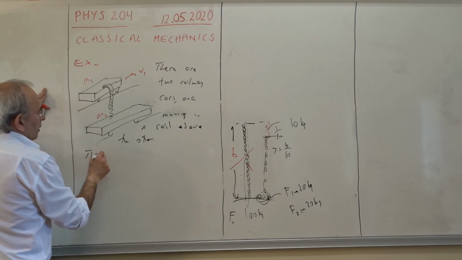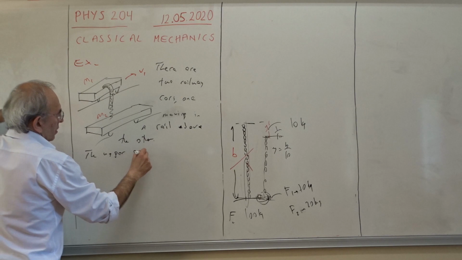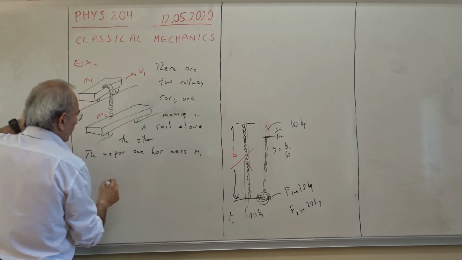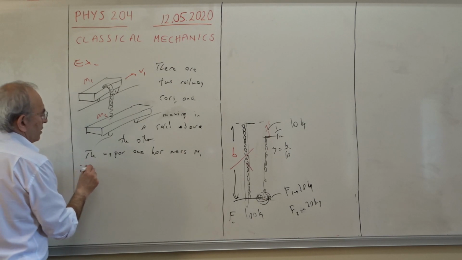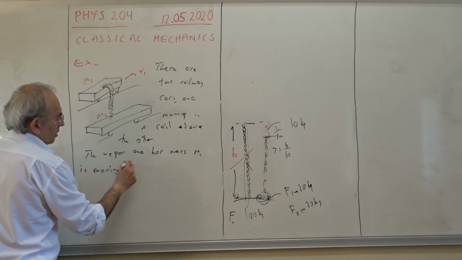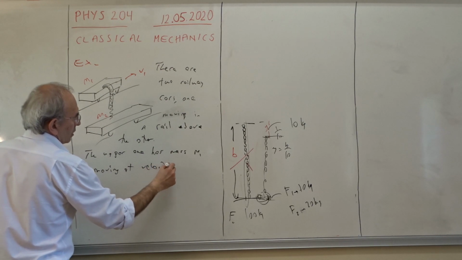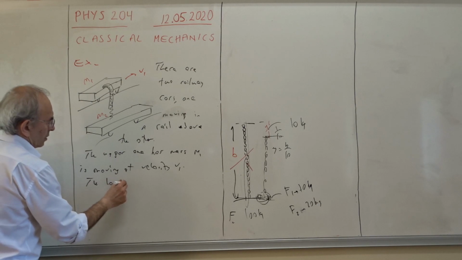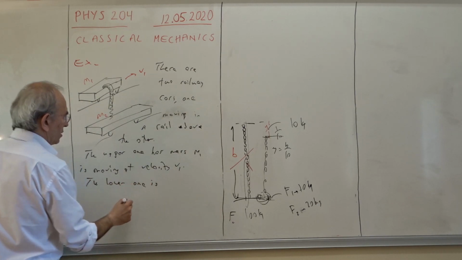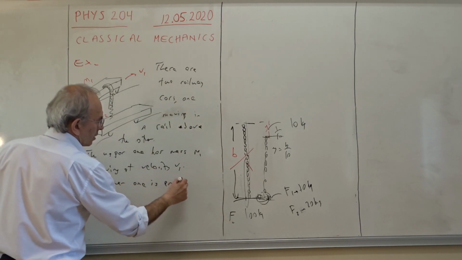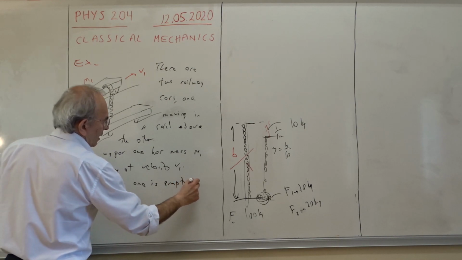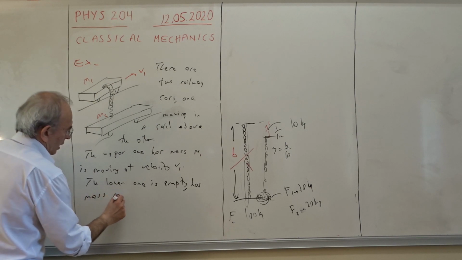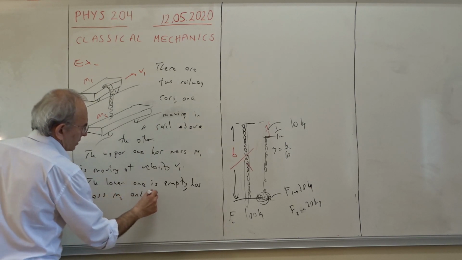The upper one has mass M1 and is moving at velocity v1. The lower one is empty, has mass M2 and is at rest.